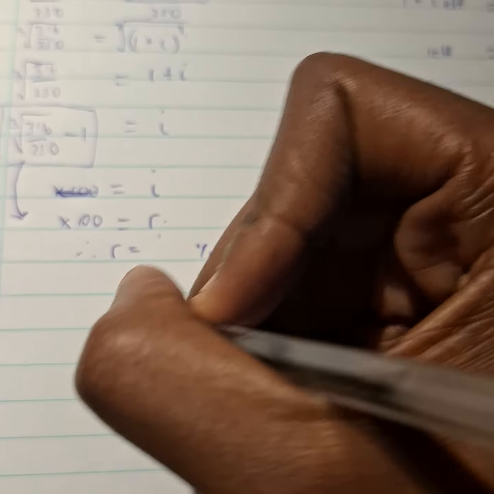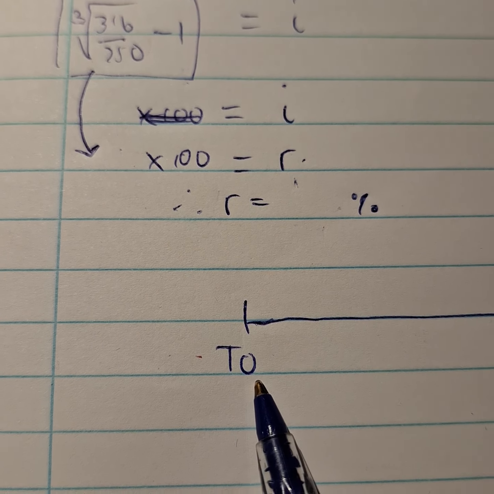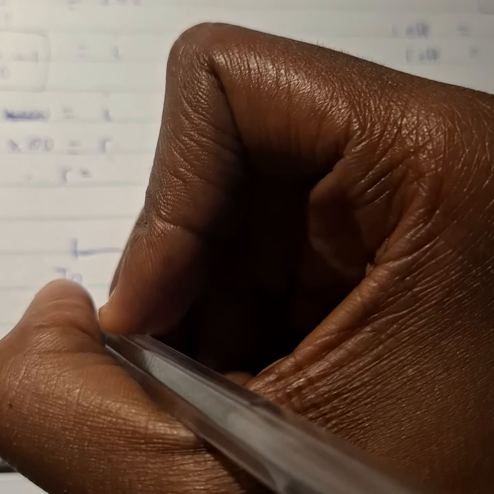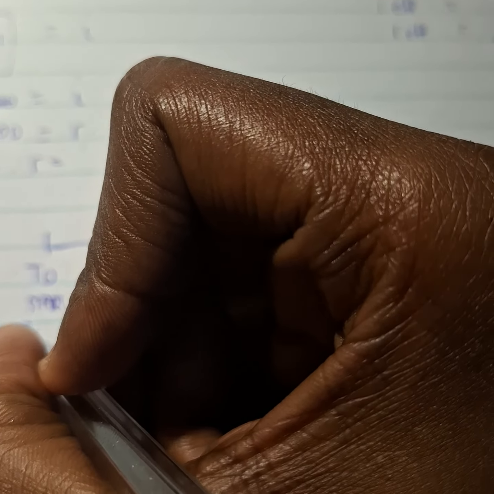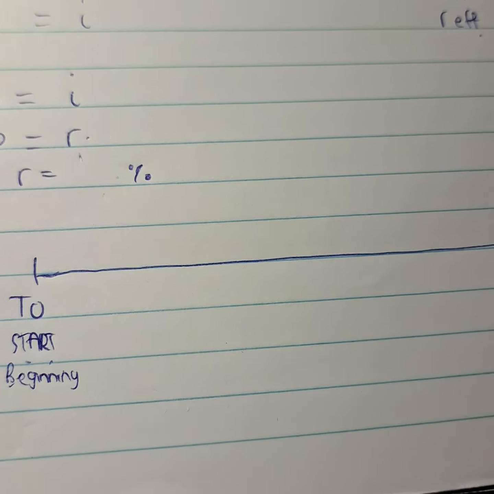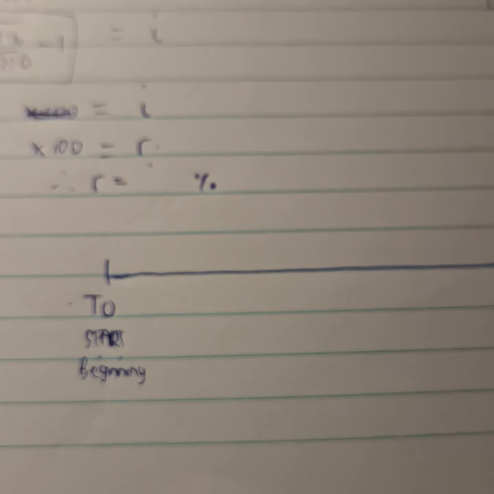So what we do in a timeline is that we represent the beginning as T0. This is when we are starting. The start is what we call T0. When time has not lapsed as of yet, when we are beginning something, we call it T0.